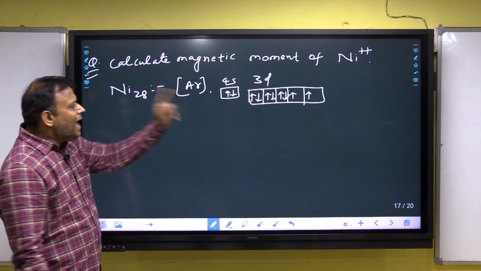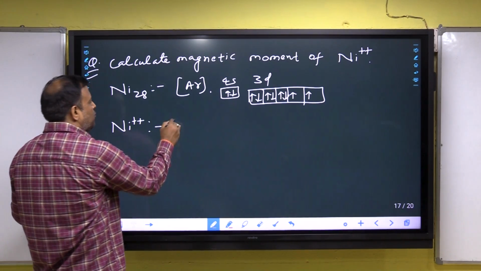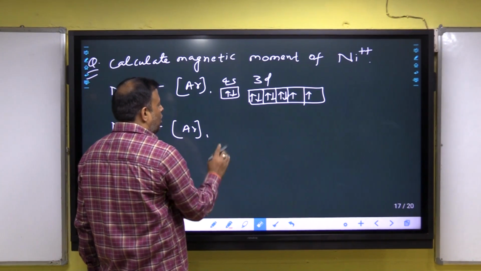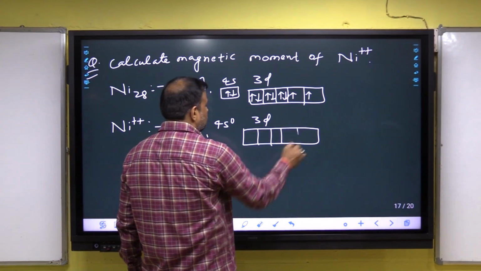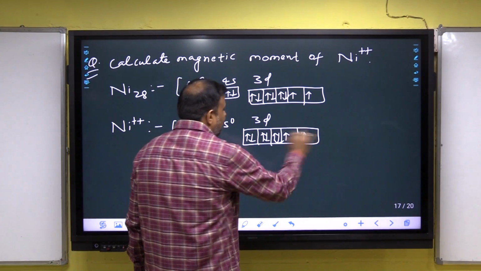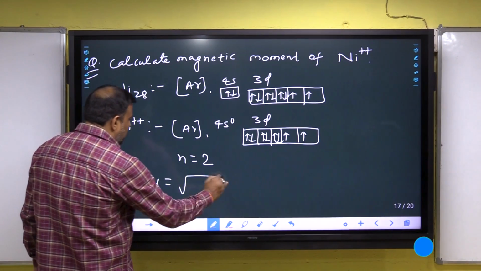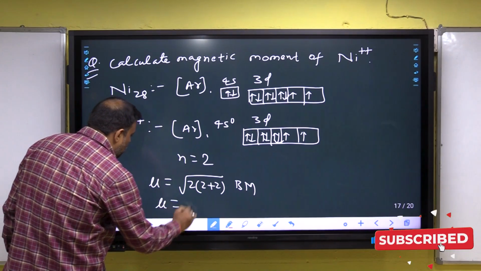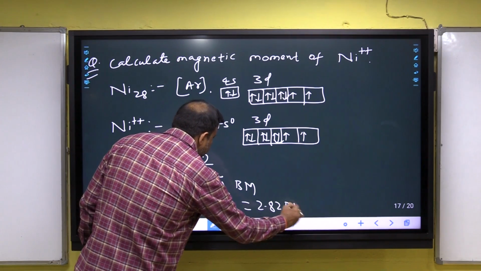That means nickel has 2 unpaired, but the question is nickel 2 plus. In nickel 2 plus, 2 electrons are removed, and electrons are always removed from the last orbit, so 4s0 and 3d is already 8: 1, 2, 3, 4, 5, 6, 7, 8. There are 2 unpaired. When unpaired is equal to 2, magnetic moment is root under 2 into 2 plus 2 BM, which is root under 8 BM. Root under 8 means 2.82 BM.